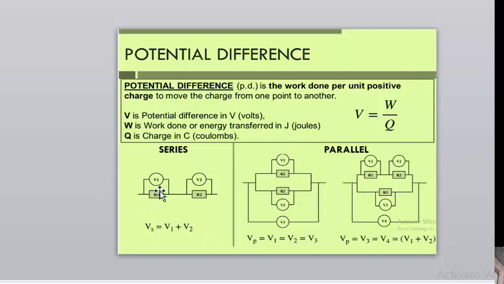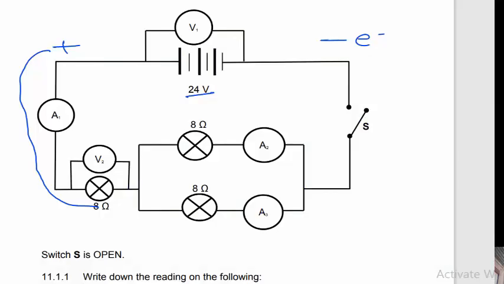In a series, however, you will have to add the 2 volts, right? Especially in an instance where you have your resistance. So you go Vs equals V1 plus V2. Remember that.